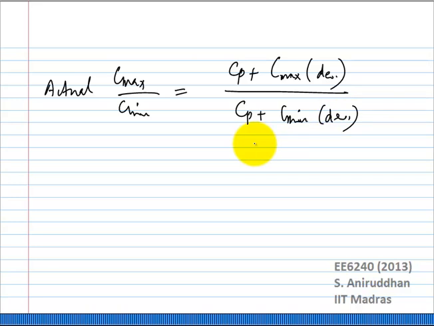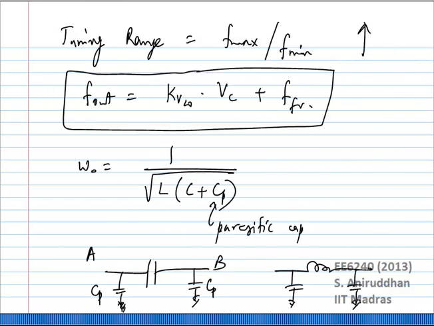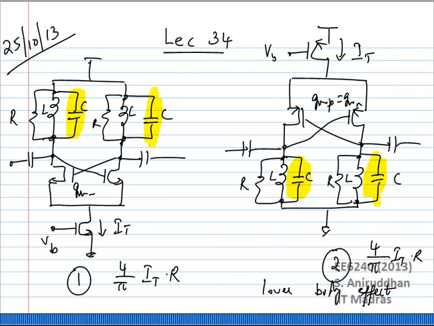Obviously, this will always be smaller than C max by C min of the device itself. So one of the consequences of using a PMOS oscillator, for example, a PMOS cross-coupled pair oscillator, is the reduction in tuning range of the oscillator. Right? So did everybody understand this tuning range problem very well?